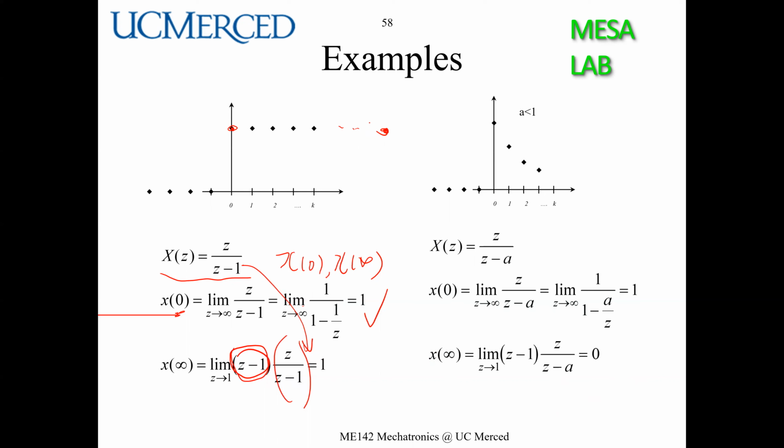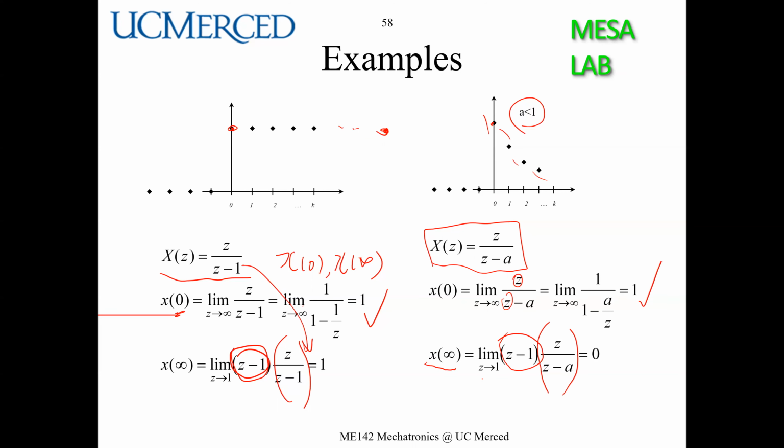Same thing here, I have the z transform of the exponentially decaying one, with a less than 1, remember? So the initial value is 1, because you send z to infinity. But when you do your final value, you need z minus 1 multiplied by the original X(z).